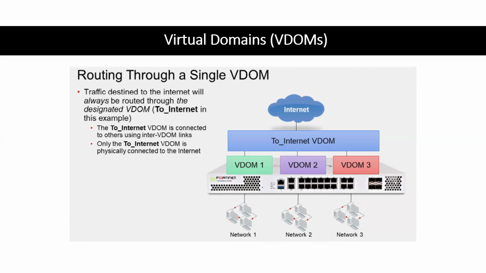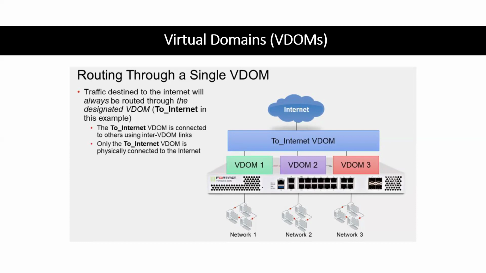Again, same example: multiple customers sharing the same FortiGate, each with their own VDOM, but internet facing, that VDOM is going to log traffic, pass traffic up, monitor traffic, use UTM inspection on those policies, and do all the things that come with the FortiGate.